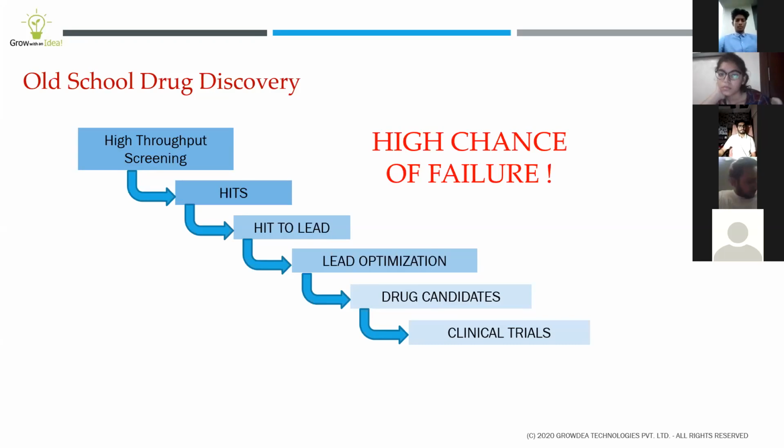Then they get some hit compound, and then they optimize it, hit to lead, and then they further optimize the lead compound, which is called lead optimization. And then they get something which we may call a drug candidate, and these drug candidates go for clinical trial. And once they pass the clinical trial, then we can call it a drug molecule.